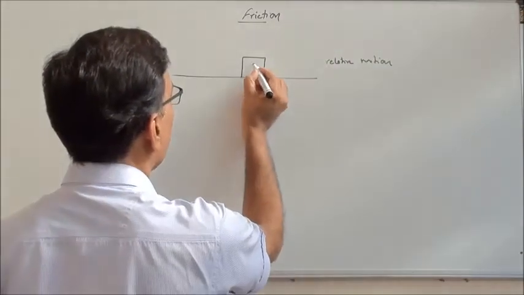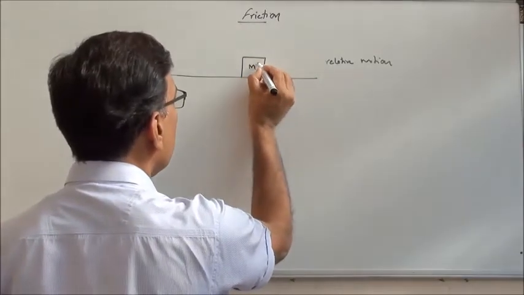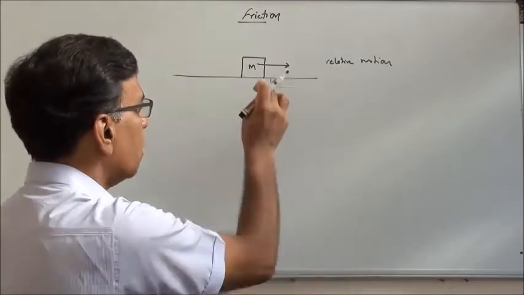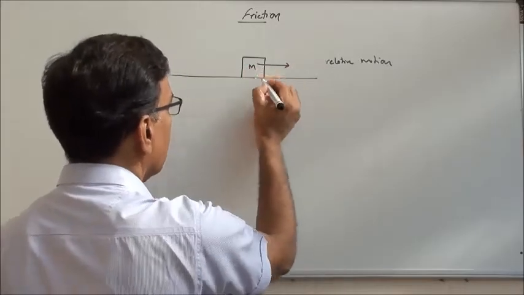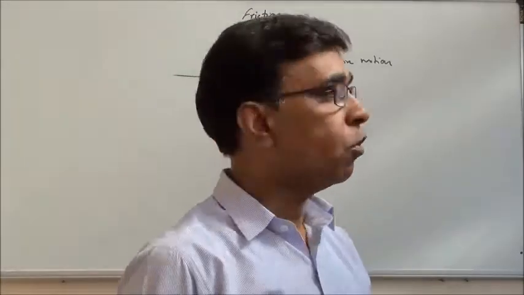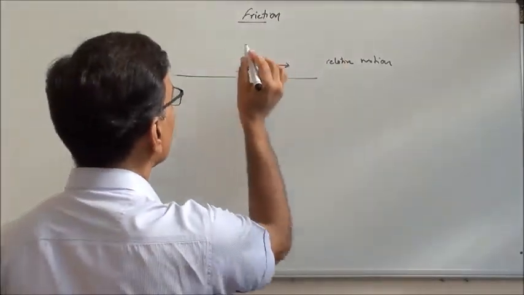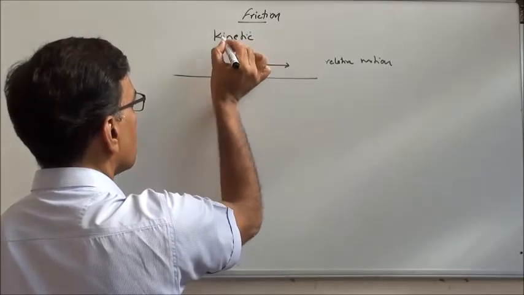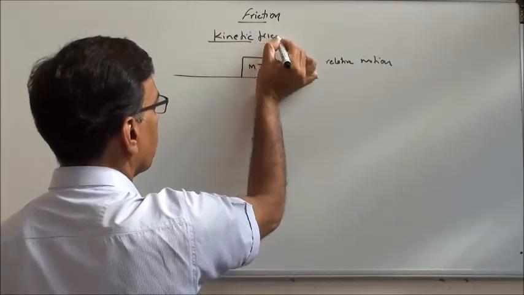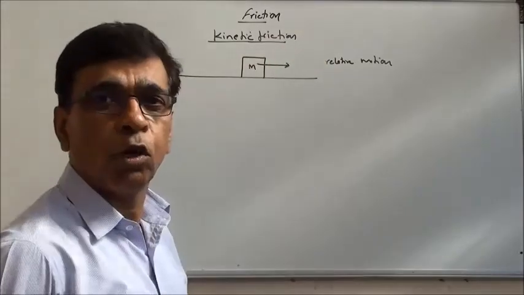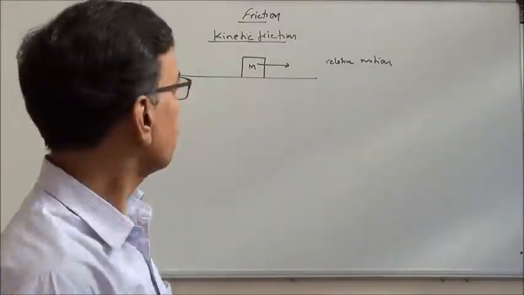If this body is moving in this direction, I'm not taking it at rest now. Let us see what the direction and the magnitude of the force of kinetic friction are. This is the kinetic friction, the frictional force that acts between two bodies in relative motion.